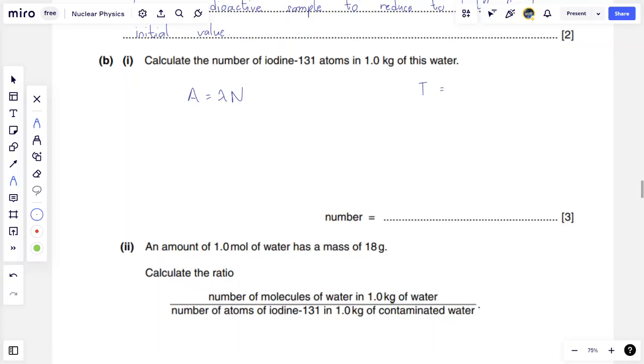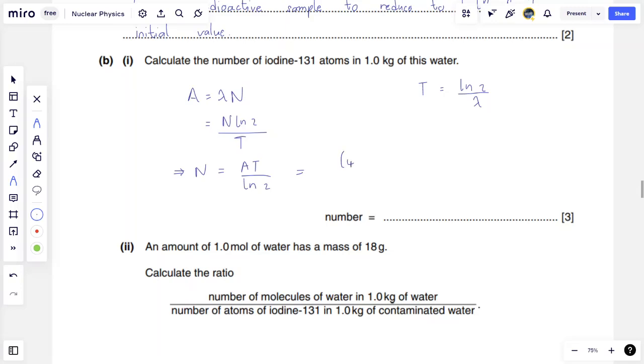And what I do remember, or what I can derive if I don't remember, which we'll also do later on, is that the half-life, I'm going to call it uppercase T for simplicity, is the natural log of 2 divided by the decay constant lambda, which means that lambda is the natural log of 2 divided by T. So I can write this as N times the natural log of 2 divided by T. Now things are becoming clearer because I know the half-life, log 2 is a constant, A is given, I can find N. And so with a little bit of mathemagic, I get N is A times the half-life T divided by the log of 2.